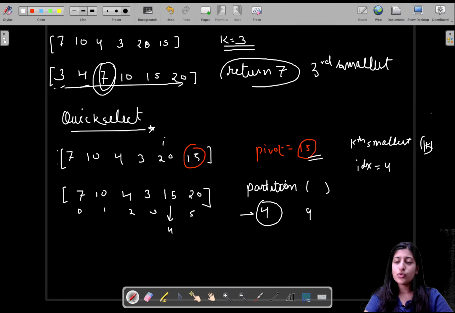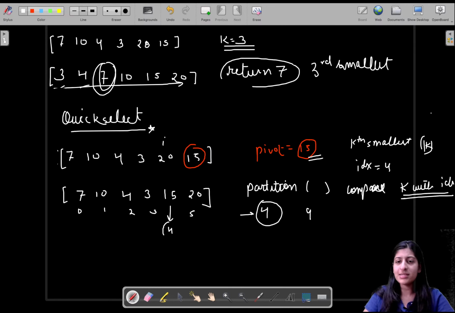Your task is to compare your k with idx or this partition element. When you see that your partition index is 4, which was returned by partition, and your k is 3. So ideally, in terms of index, your k should be 2, that is 3 minus 1.